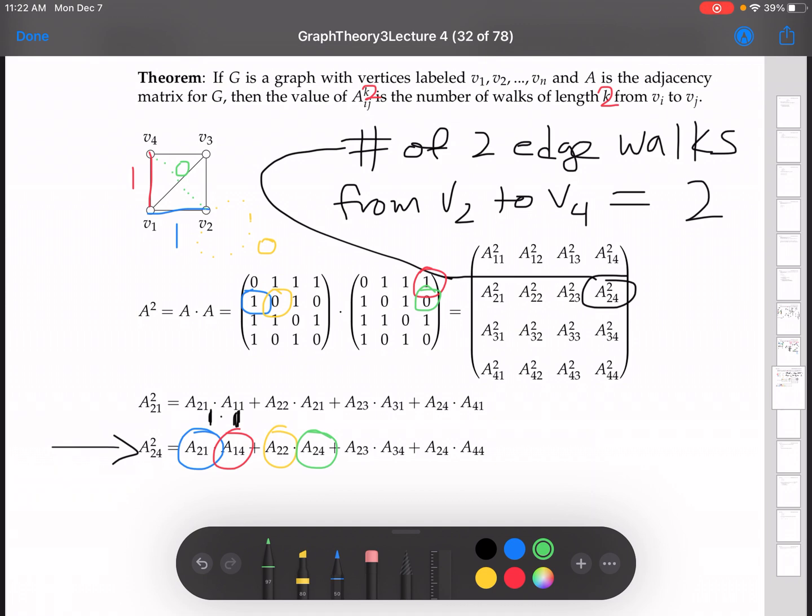That says that right there, that being a 0. That's saying no edge from V2 to itself put together with no edge from V2 to V4 is no two-edge walks. Doesn't account for a two-edge walk.